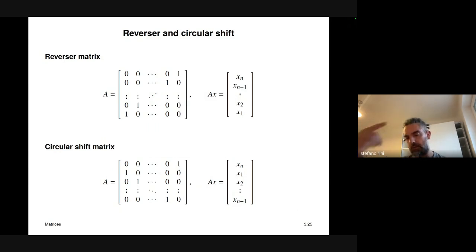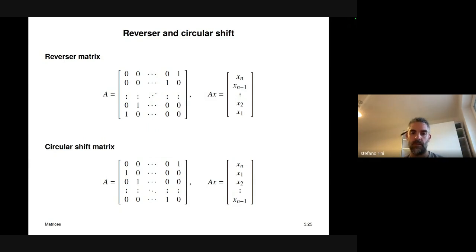This shuffles around the elements in the vector according to some order. In particular, you have the circulant matrix, which shifts down all the elements in position from k equal to 2 to k equal to n minus 1. They are all shifted down, and the last element of the vector is put back on top.